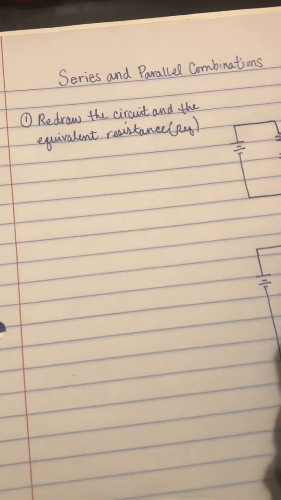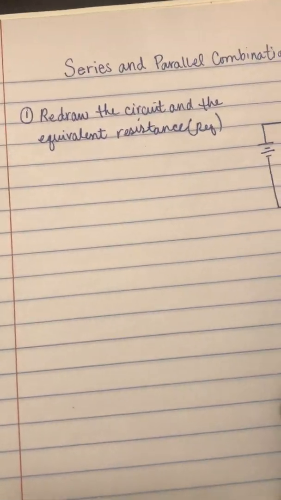Now, when you're redrawing a circuit, we want to keep up with the resistors. So there's a naming convention that I like to use. So this convention is whenever you combine resistors, keep track of those resistors using the subscript of the resistors that you combine.